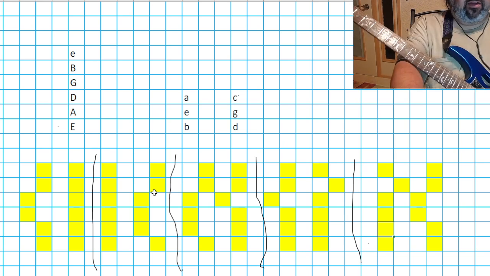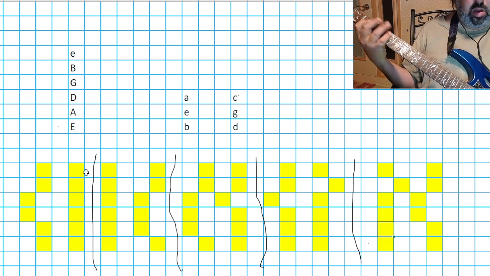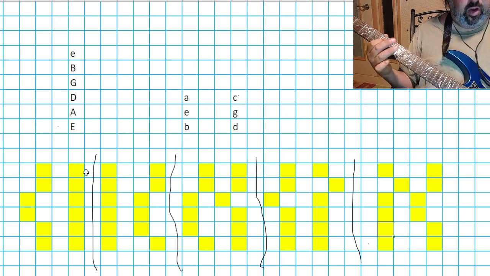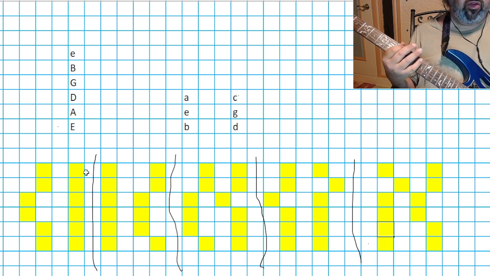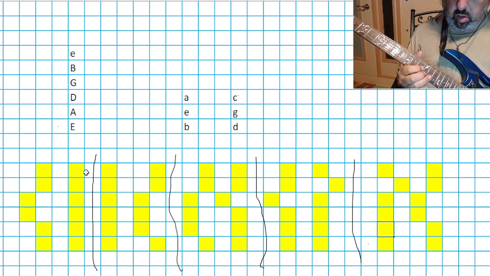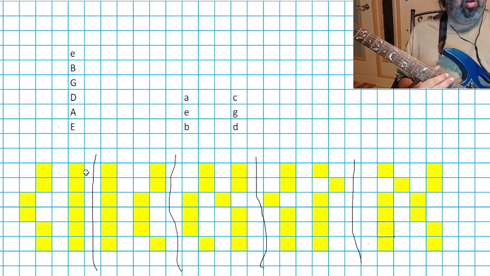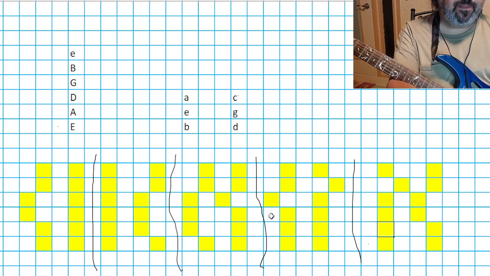I'll start on this left side here, run them through. Shapes, pentatonics played together.